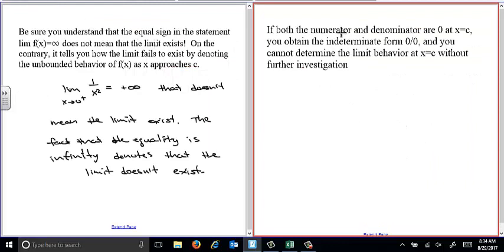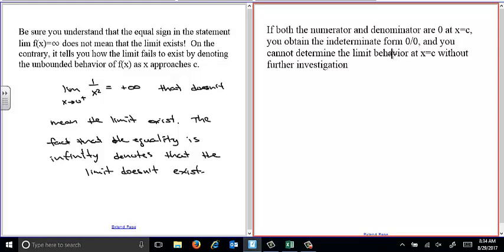And you also have to be careful, as we said, if both the numerator and the denominator are 0 at this value, you don't have unbounded behavior. You have an indeterminate result, and therefore you have to use the techniques from section 3 to determine what the limit is. So always check to see whether a rational function has the same factor in the numerator and the denominator, or just plug the number in and see whether you get an indeterminate result.